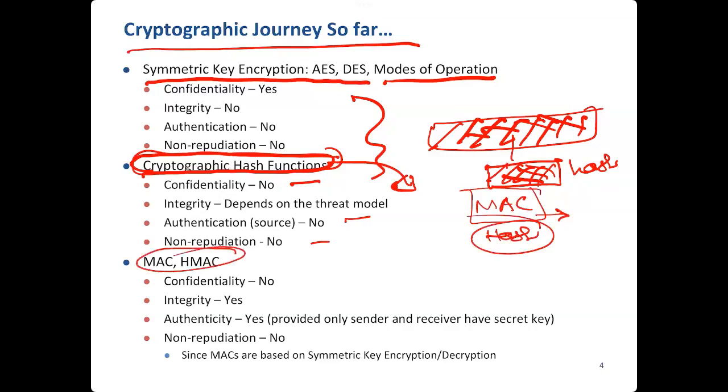An important part of MAC is integrity and authenticity, provided sender and receiver have the secret key. But none of these have the non-repudiation property. What is non-repudiation? When Alice and Bob send messages to each other with symmetric key encryption, they can fool each other.